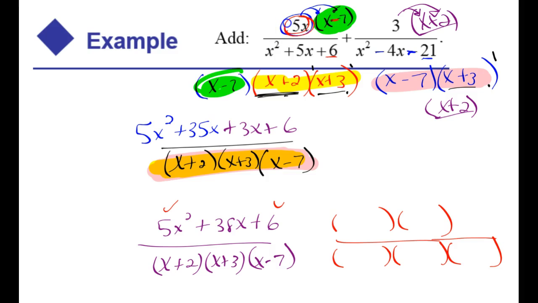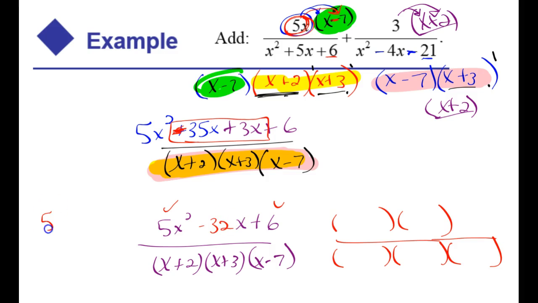And then when I distribute this 5x times the negative 7, you get a negative 35. And then combining these terms gives me a negative 32x. That's going to change things.